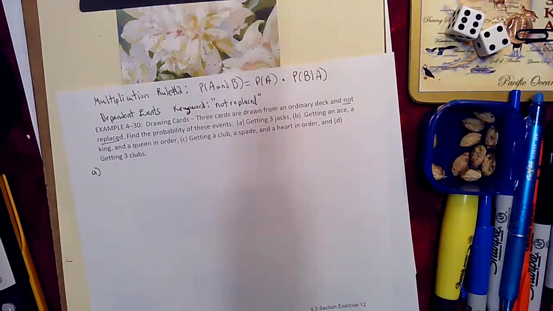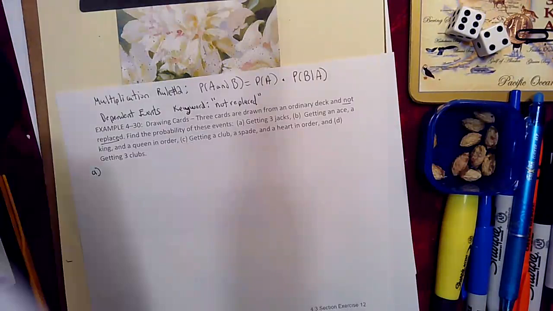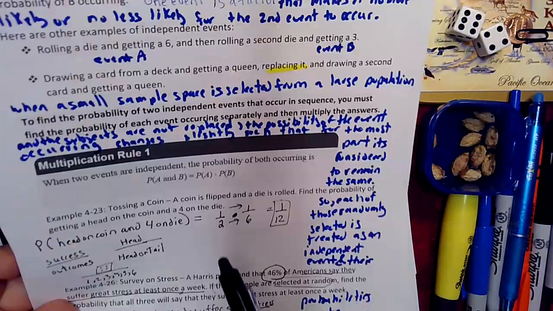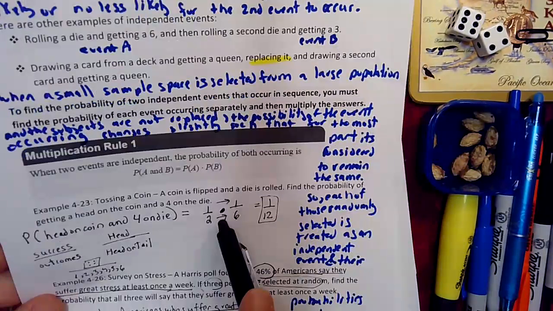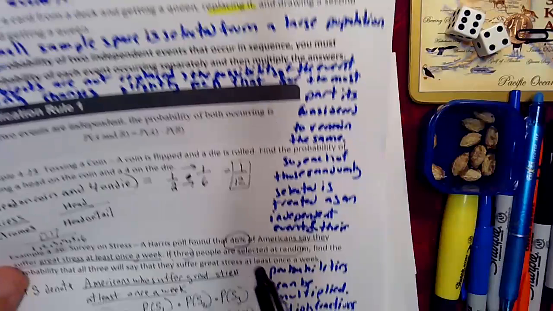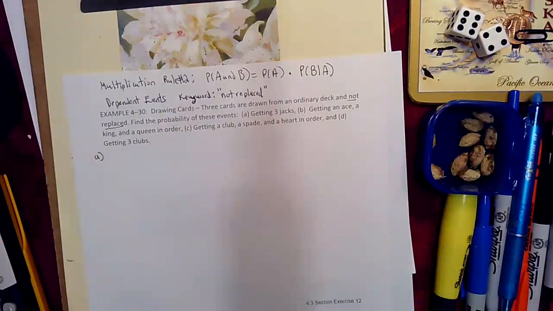In multiplication rule number 1, there were no subtractions going on. You pretty much just multiply straight across, for the most part. But here you'll have to do some subtractions for multiplication rule number 2, because things are not being replaced, not being put back.